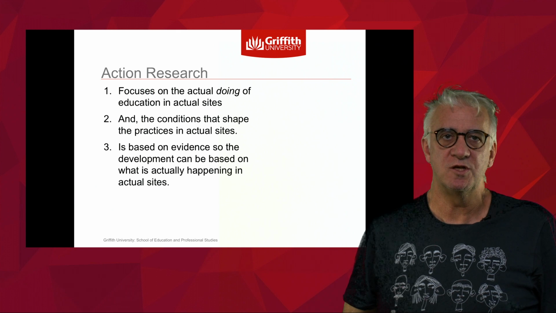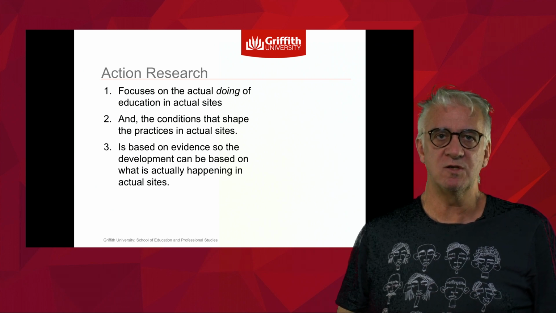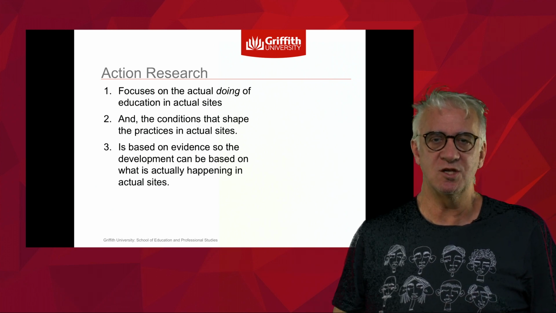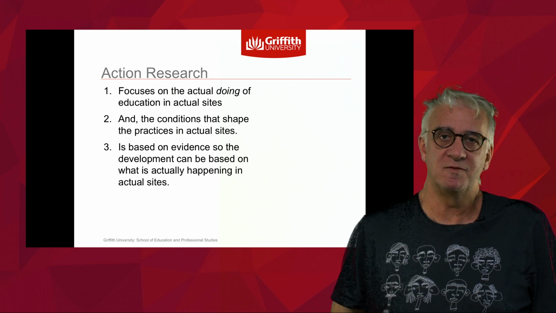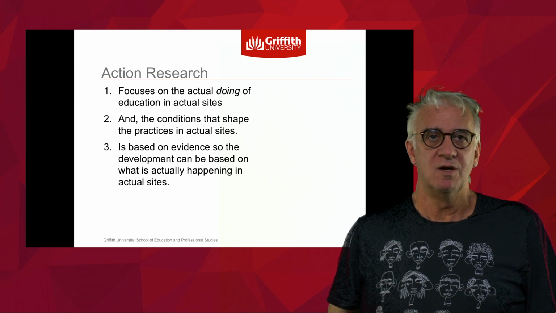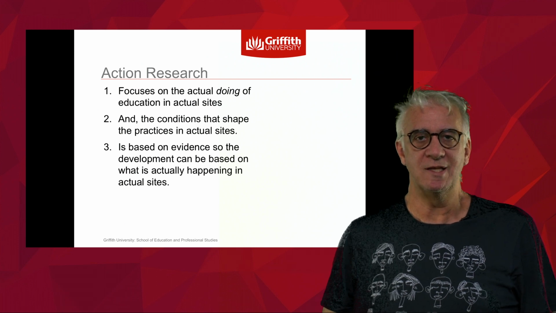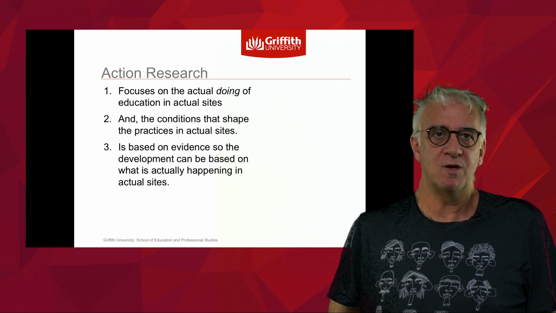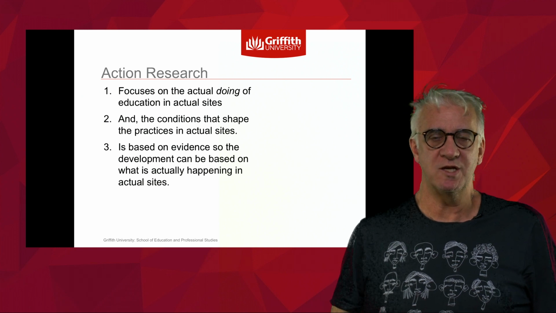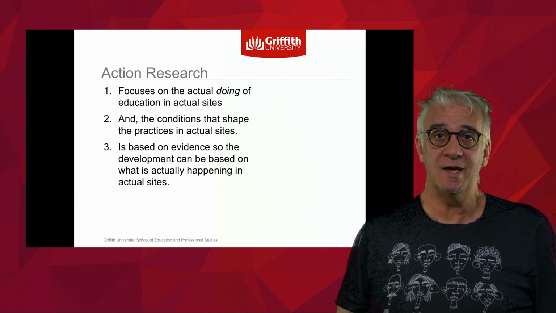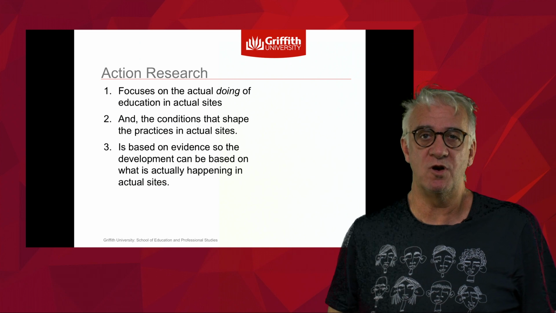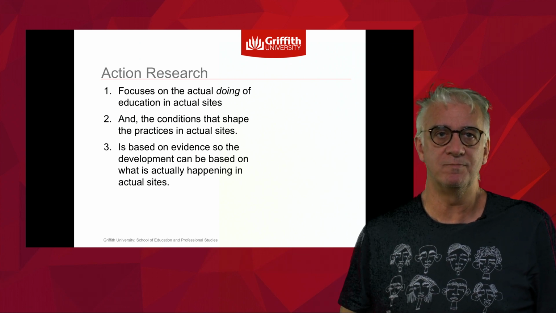So action research is important because it focuses on the actual doing of education in actual sites. And I think I've said this in almost every video. We're concerned with what's actually happening in the school and in the classroom. Not what we think is happening, what might be happening, but what actually is happening. And the purpose of action research is trying to understand that so we can develop it.